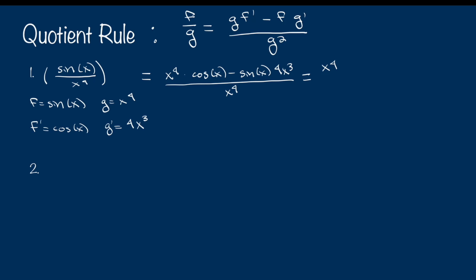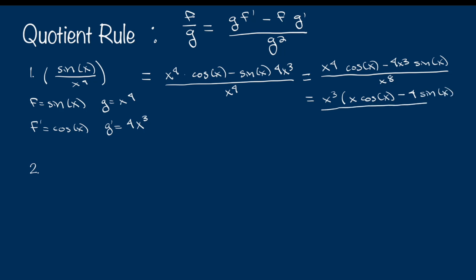So we have x to the 4th cosine x minus 4x to the 3rd sine x, all over x to the 8th. We can pull out an x to the 3rd from both terms. We get x to the 3rd times x cosine x minus 4 sine x, again all over x to the 8th.